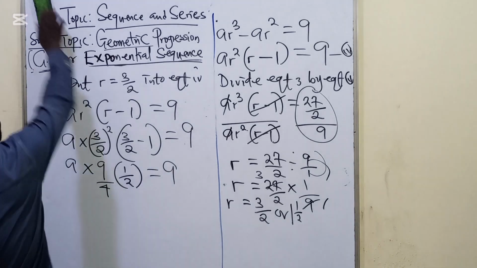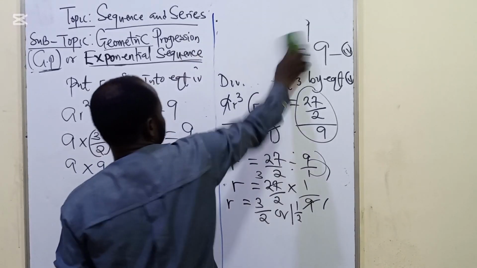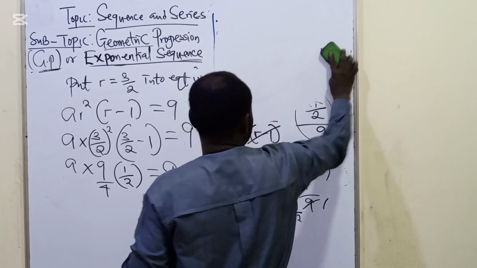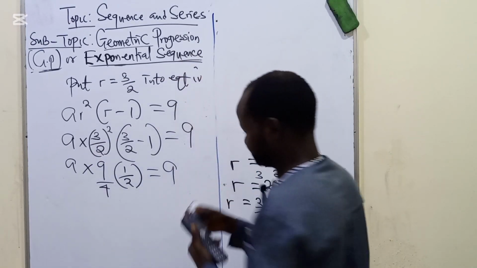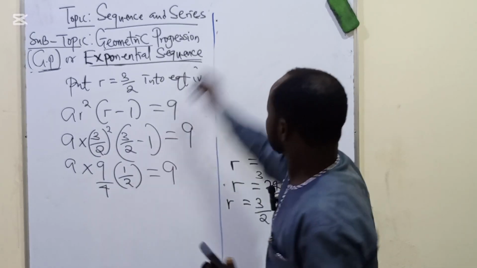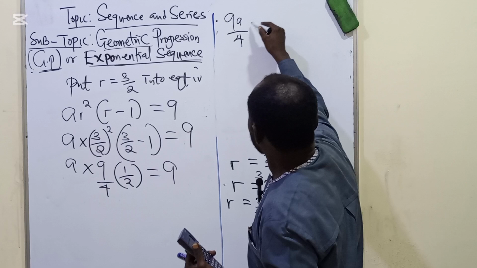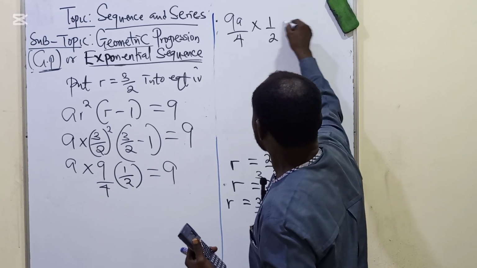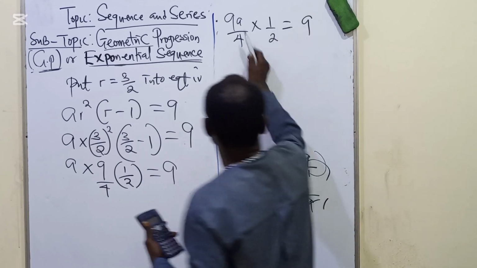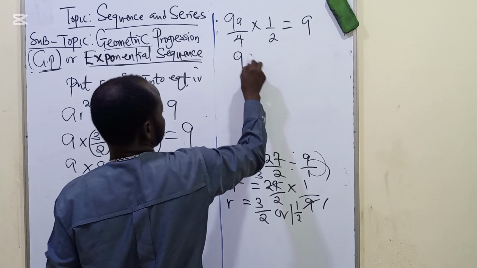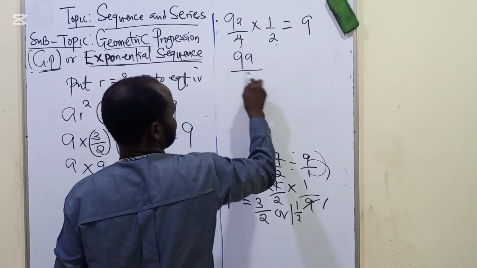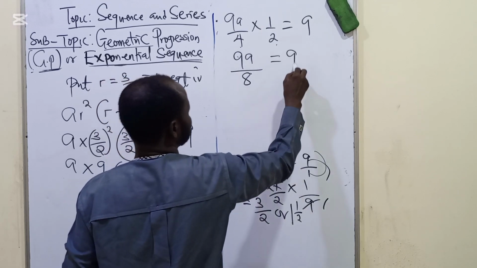We are looking for A now, given that the common ratio is 3 divided by 2. Let's move here. A times 9, that will be 9A divided by 4 multiplied by a half will be equal to 9. 9A divided by 4 times 2, that's 8, will be equal to 9.